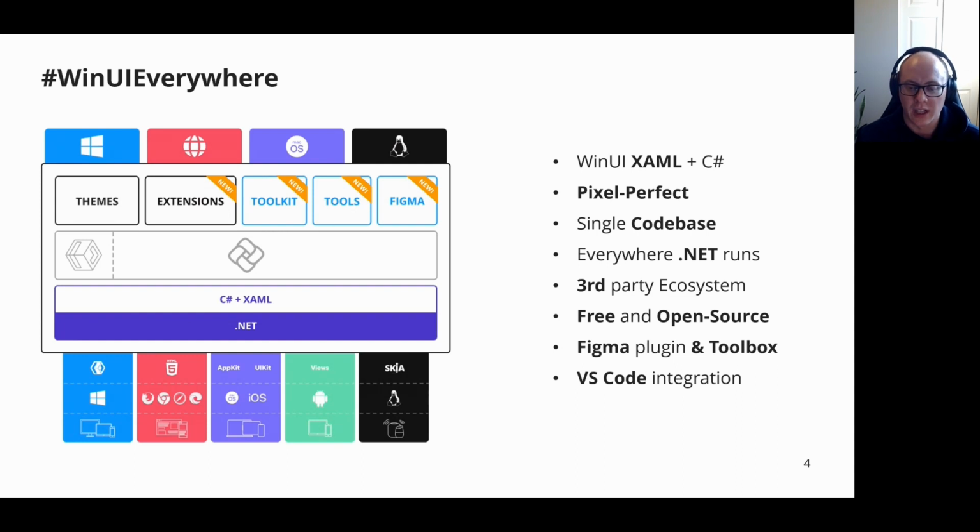And so Uno is actually sitting, like I mentioned, on those native stacks, and it utilizes the native platform SDKs. But along with that, we are also able to use Skia as a backend to target even more platforms, like Windows 7 apps or Linux, right?